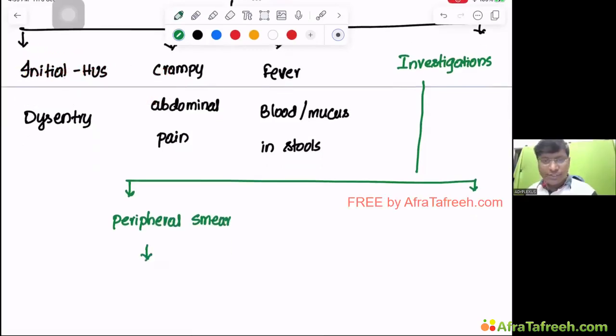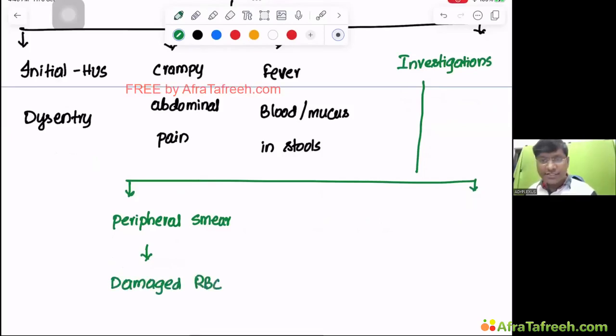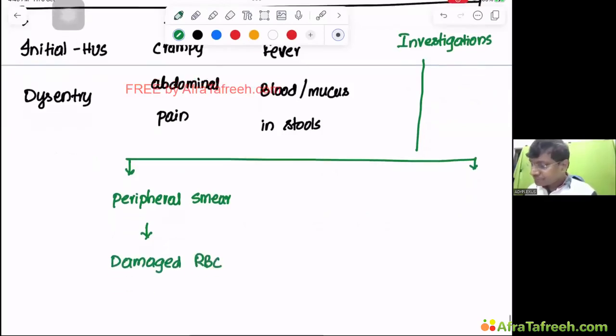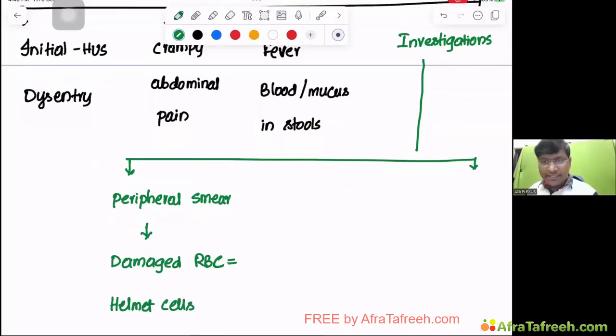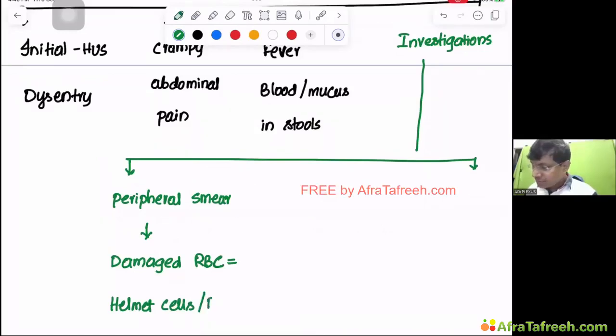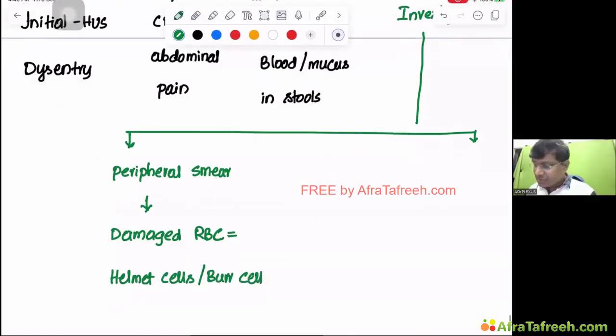What the peripheral smear will show is the presence of damaged RBCs. These damaged RBCs are called helmet cells or burr cells. Okay, these are also called schistocytes.